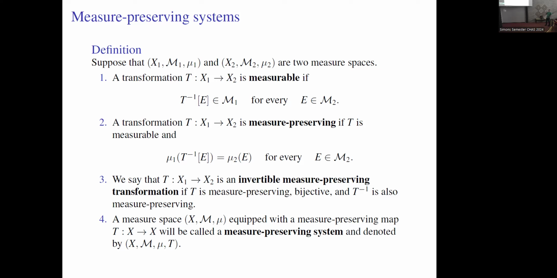Sorry, what is the meaning of the square bracket around E? This is the preimage of E. I understand T to the minus one, but I've never seen the square bracket before.